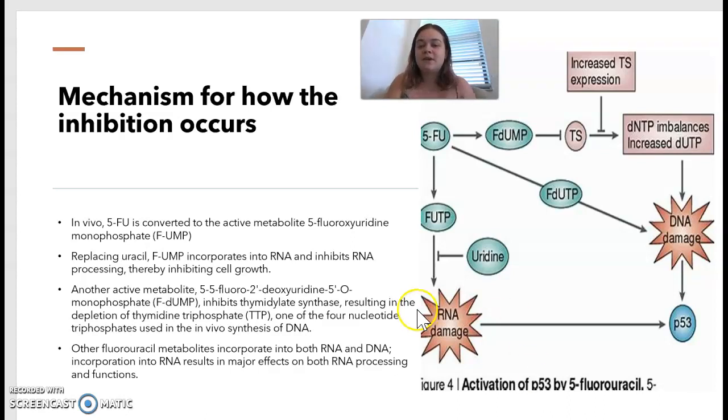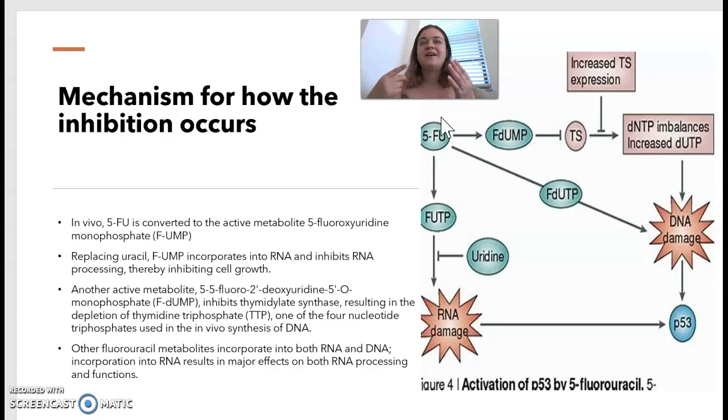FUMP. So here's what we're seeing here. It's converted there. It ends up replacing uracil, right? And then it's incorporated into RNA. So this is a fake for uracil when it's being placed into RNA synthesis, and it's being matched during transcription. So it ends up replacing uracil.